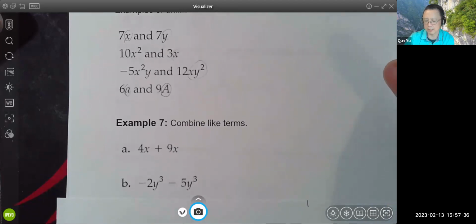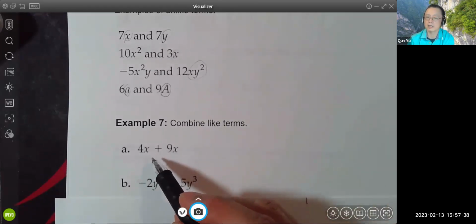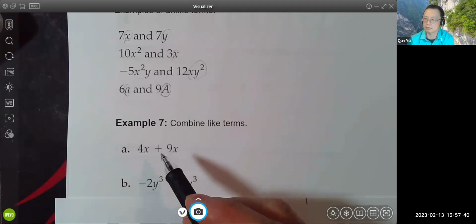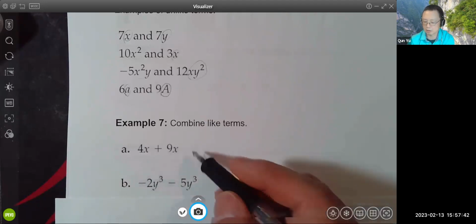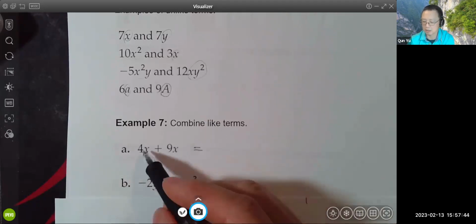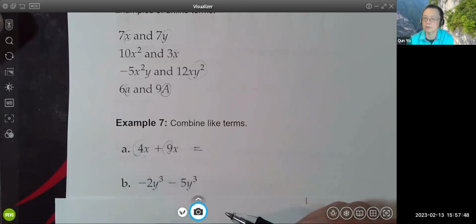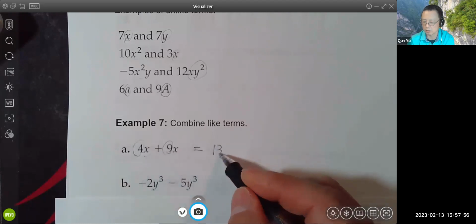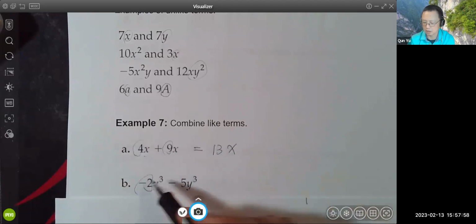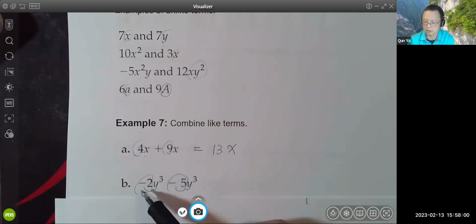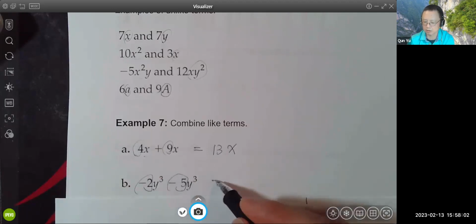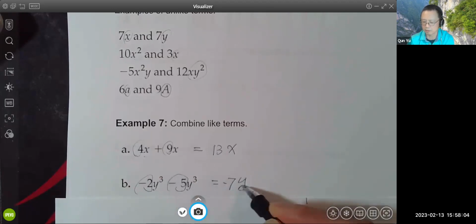Okay, now combine like terms. Just like apples can add to apples, you can combine like terms. When you combine like terms, only combine quantity, you don't change the variable. Apple plus apple, no matter how many, you still get apple. You don't get bananas when you add apples together, right? Hopefully this makes sense for you. So we get 13x here. Negative 2 minus 5, or you can say negative 2, another negative 5, totally negative 7. Just copy the variable part.